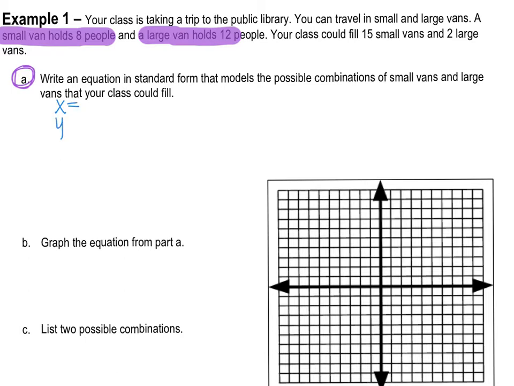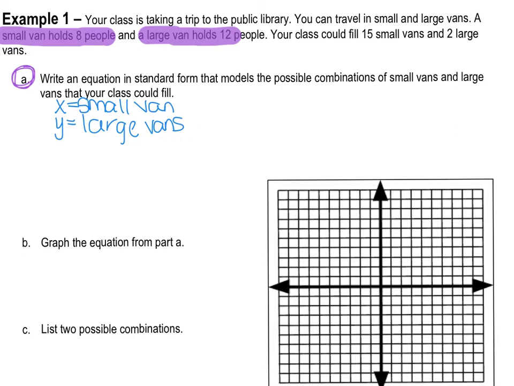For me, I'm just going to say x represents small vans, and y is going to represent the large vans. And again, that's completely up to you, picking x and y. There is no right or wrong answer for that.